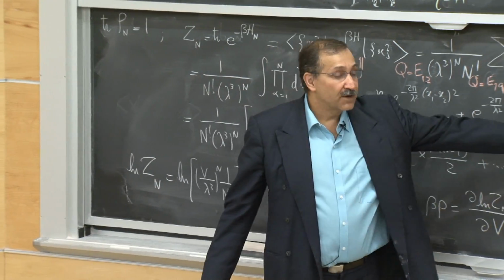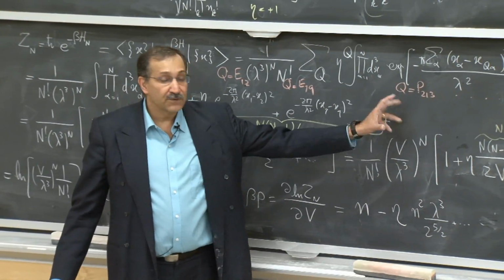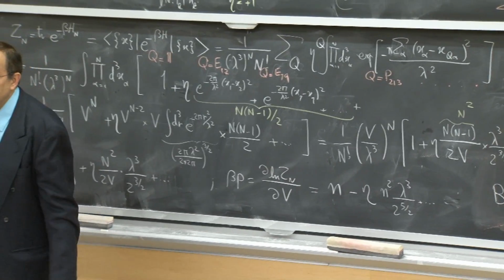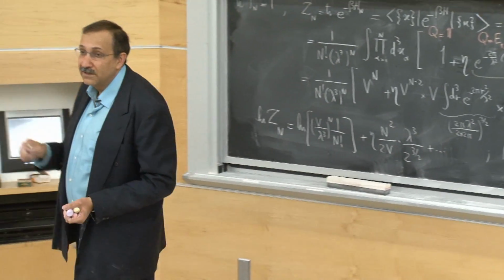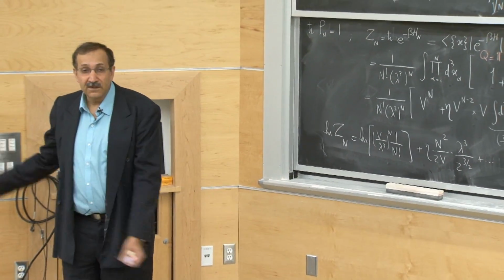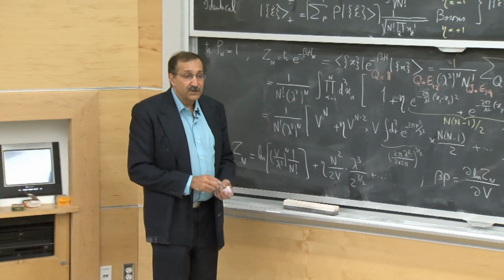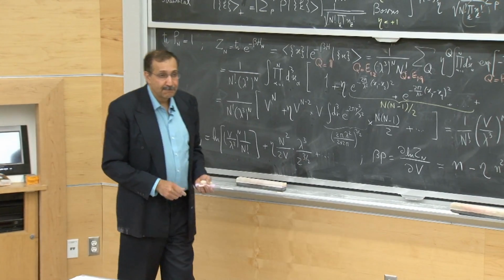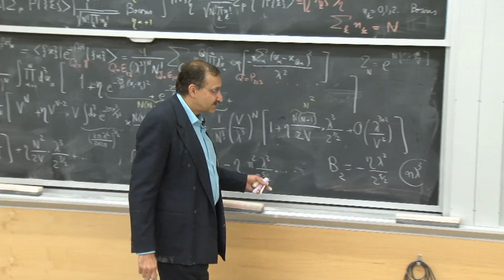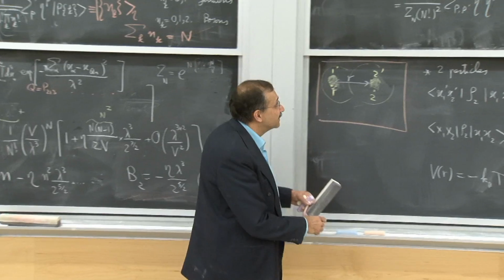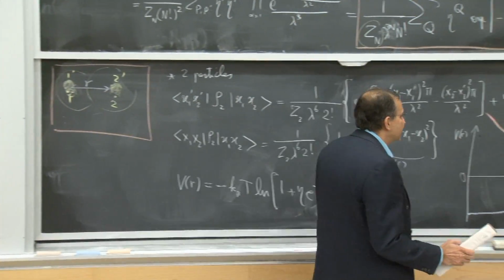The next one, for the third virial coefficient, I would need to look at the 3-body exchanges, kind of like the 3-point clusters, 4-point clusters, all kinds of other things are there. So is there any hope? Okay? And the answer is that it is all a matter of perspective.